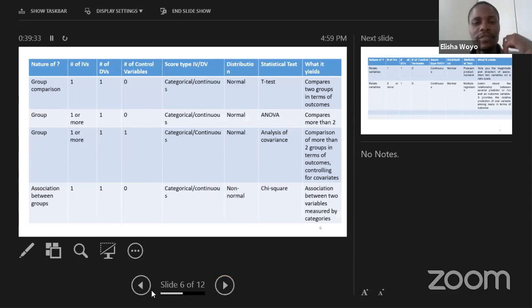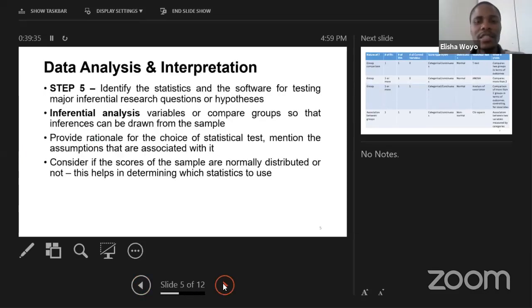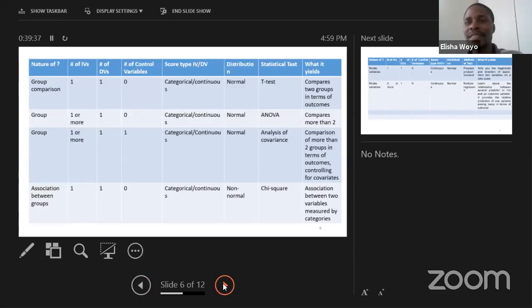Right. So in this table, I just tried to do some basic statistics and show each other how we're going to move forward. When you are doing analysis, you need to go back and think about what is the nature of the research question.